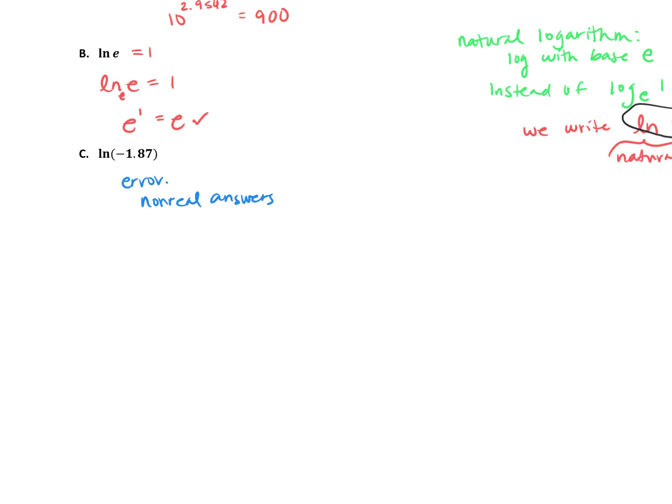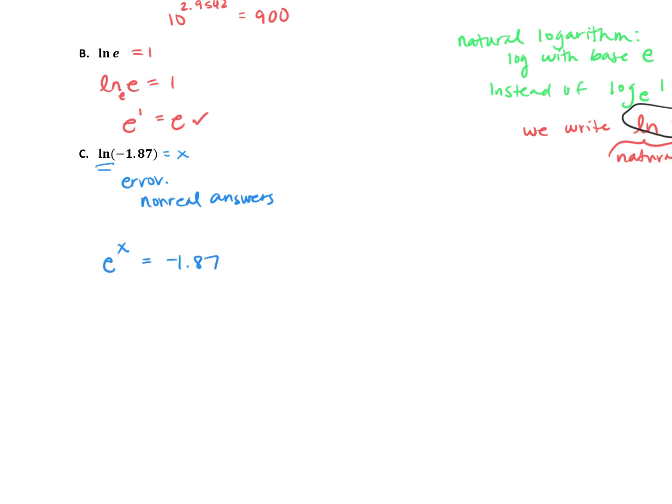If we think about this in exponent form, with a natural log the base is e. So e raised to the x power is equal to negative 1.87. That's what it looks like in exponent form. Remember, e is a number, 2.718 and so on.